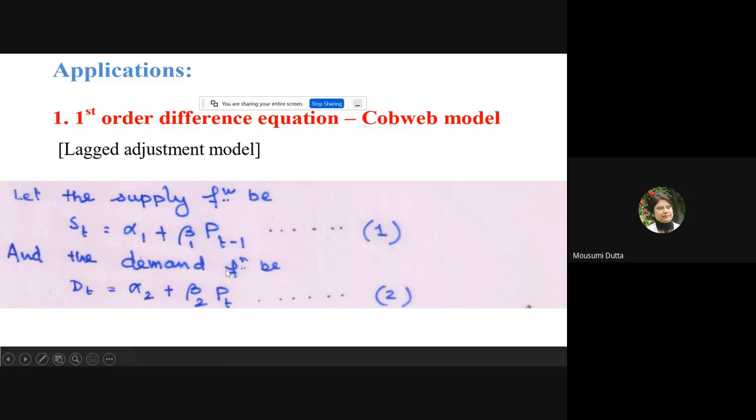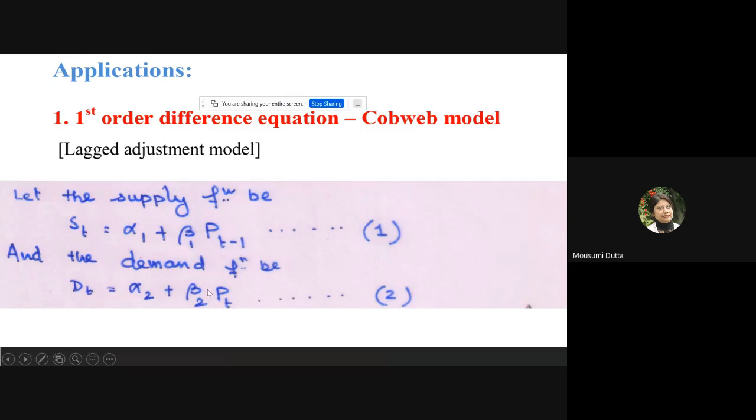The second equation is the demand equation: Dt = alpha 2 + beta 2 Pt. Alpha 2 and beta 2 are parameters. Alpha 2 is the intercept, whereas beta 2 is the gradient of the demand equation. Dt is the quantity demanded, and we find that there is no lagged adjustment between the quantity demanded and the price.